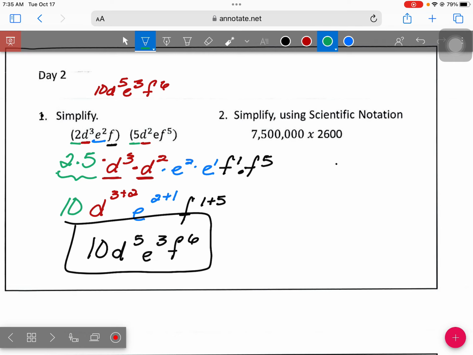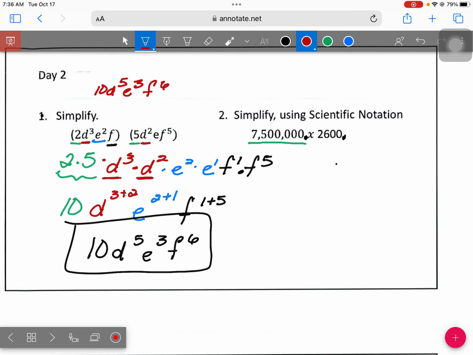So in this case of 7,500,000, right now, since that is a whole number, there is a decimal point at the end, okay? Same for 2,600. It always falls at the end if you don't see one, okay? But we want to make this into scientific notation, so I am going to move the decimal point after the first non-zero number.